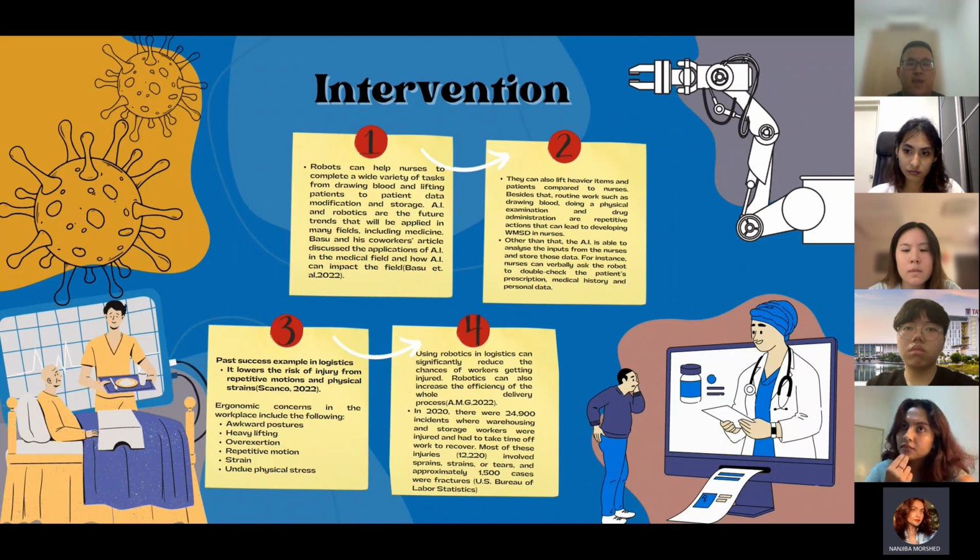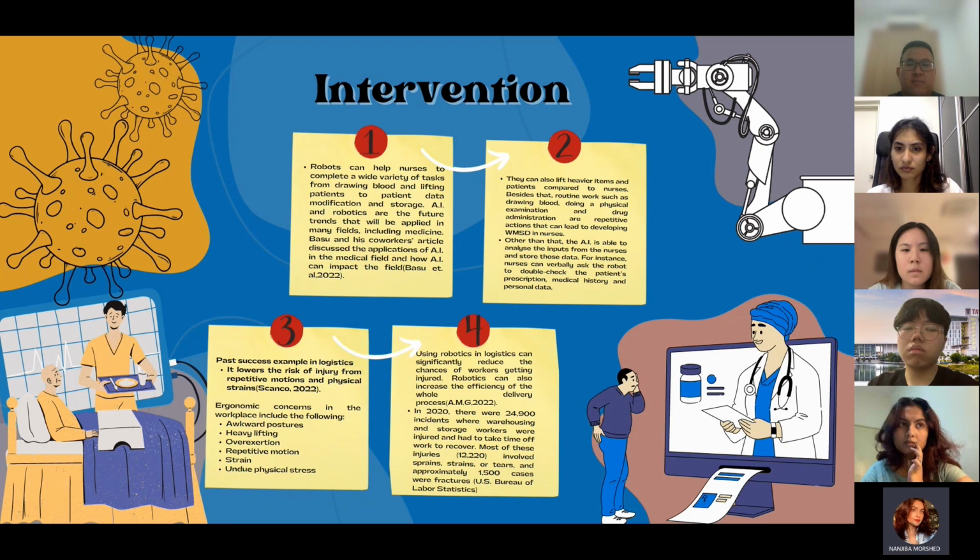Robots can also lift heavier items and patients compared to nurses. Besides that, routine work such as drawing blood, doing a physical examination, and drug administration are repetitive actions that can lead to developing WMSD in nurses. Other than that, the AI is able to analyze the inputs from the nurses and store those data.